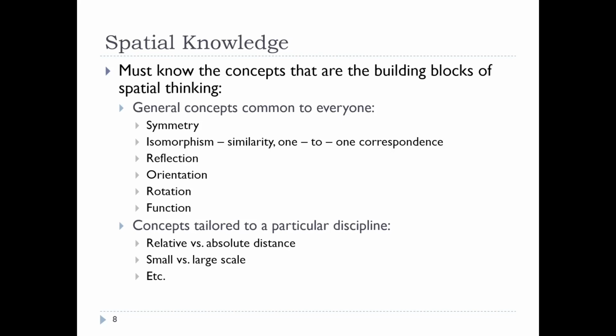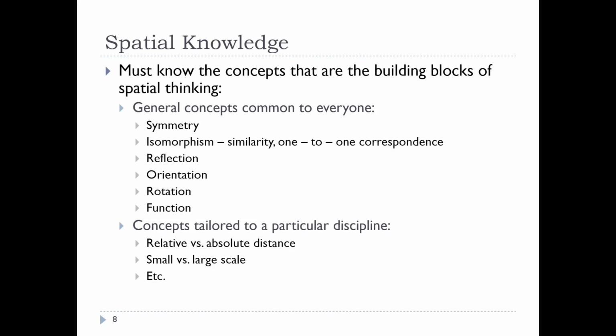But generally, things that everyone would think about are things like symmetry and isomorphism, which is like similarity or one-to-one correspondence, or reflection or orientation or rotation or function, right? All these things you had to think about when you did exercise number one, where you had to rotate the figure in your head and match it up with the other one or something like that.